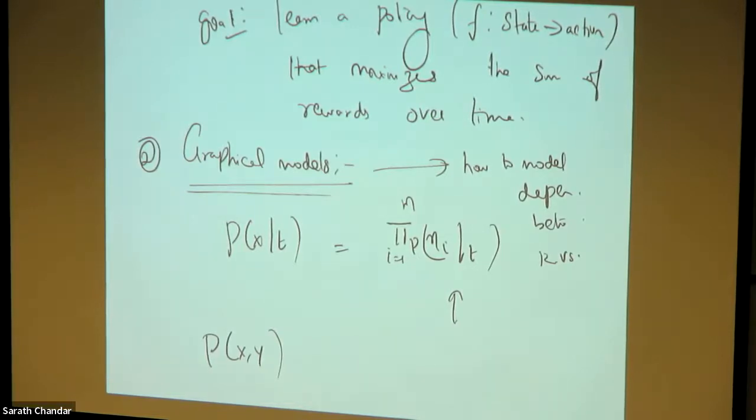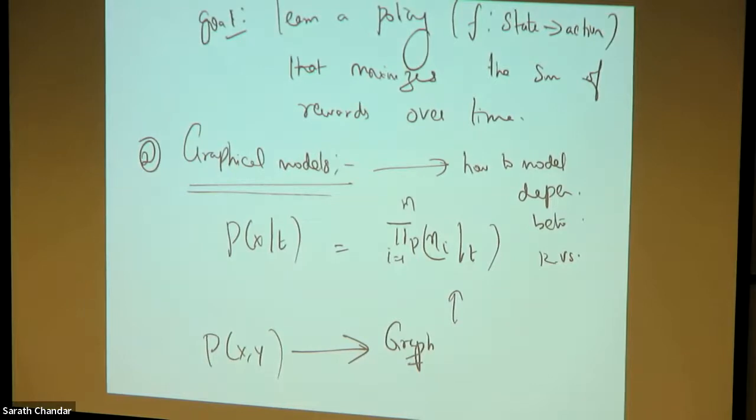Naive Bayes makes a very strong assumption. Instead, what if there is some dependency between different x's and y's? How can I efficiently capture these dependencies and develop an inference method which would make predictions about y given x? So in graphical models, you would typically represent this distribution as a graph.